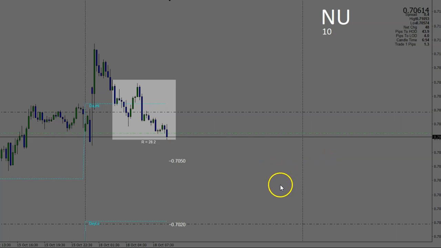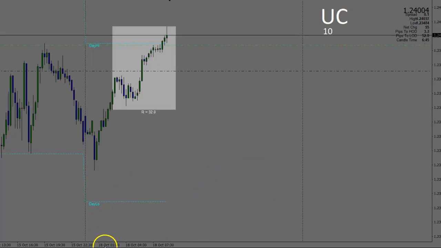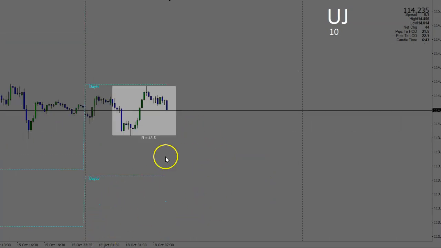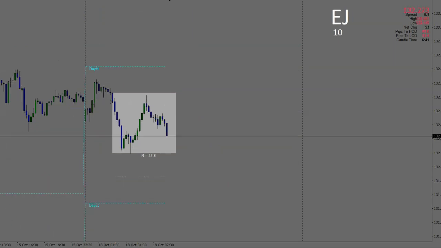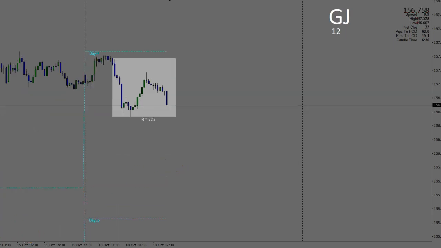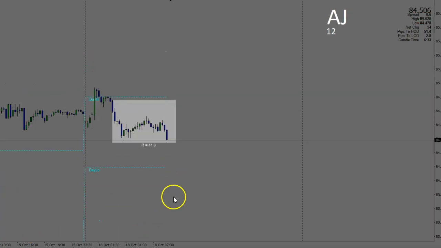So let's flick through these pairs again. So US dollar, it's looking like US dollar strength is in play. Apart from this, so it's telling me that Japanese yen strength is also pushing through. Yep, Japanese yen strength we're seeing there and there. And there. In fact, let's just take that.